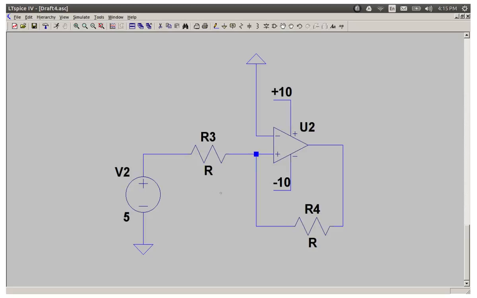However, if we look at this case in which the amplifier is the same, but I have flipped the input, nothing has changed internally as far as the amplifier is concerned.